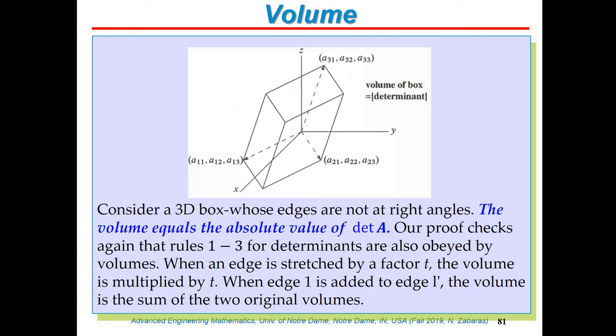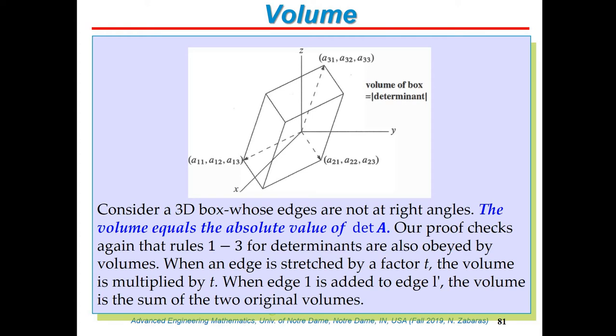If you have 3 vectors that are not in the same plane, in principle 3 vectors that are independent, if you form the parallelepiped, you can actually prove with the same logic that we discussed before for areas that the determinant of the matrix formed by using each of these vectors as a row of a matrix is actually the volume of the parallelepiped.